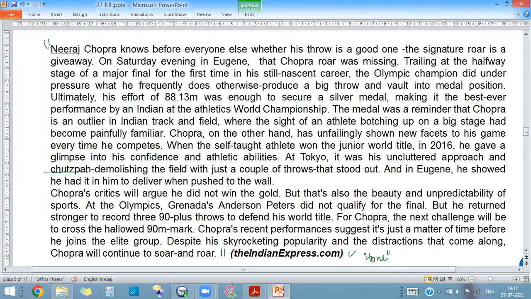When you have some time, go through the passage again and you will find good vocabulary. I noticed a few: still nascent career, chutzpah, uncluttered, new facets.